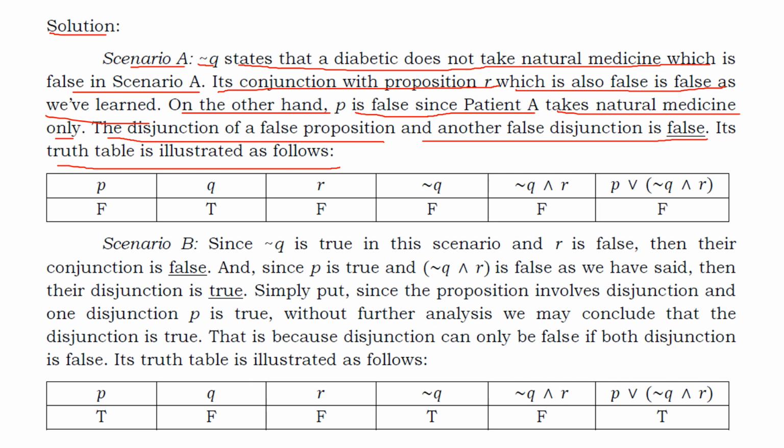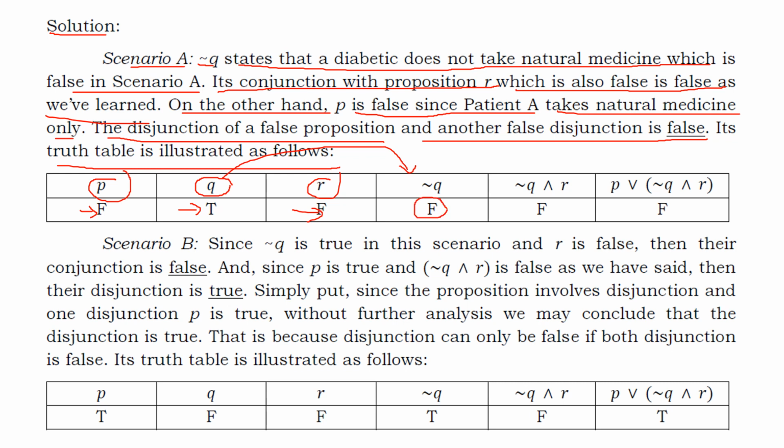Again, in the original, the P proposition is a false statement, the Q proposition has the truth value true, and R is a false statement. We simply get the negation of Q, meaning what is totally opposite of the original proposition Q. If the original proposition is true, then the negation of Q is a false statement.